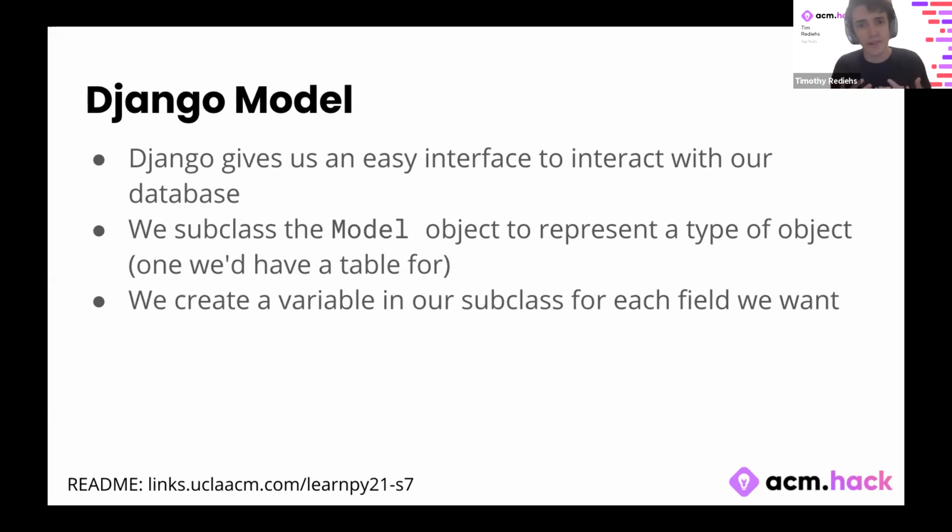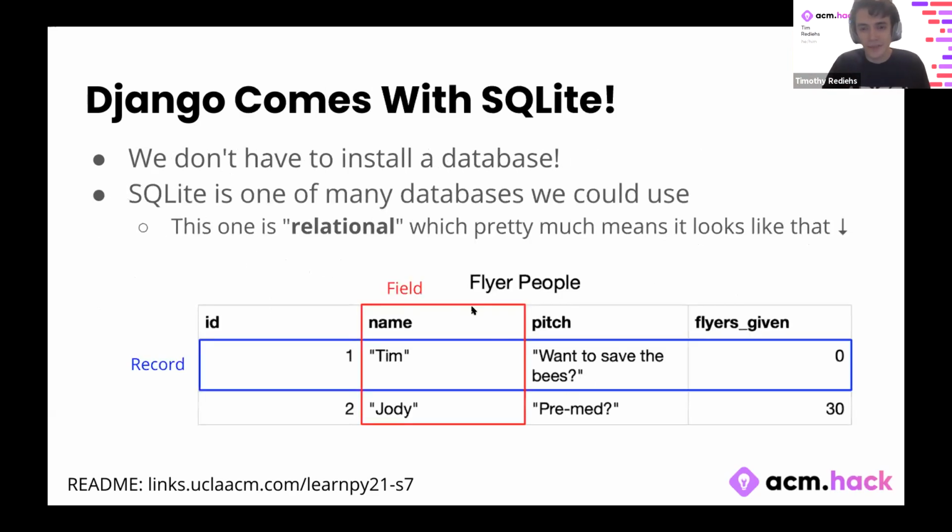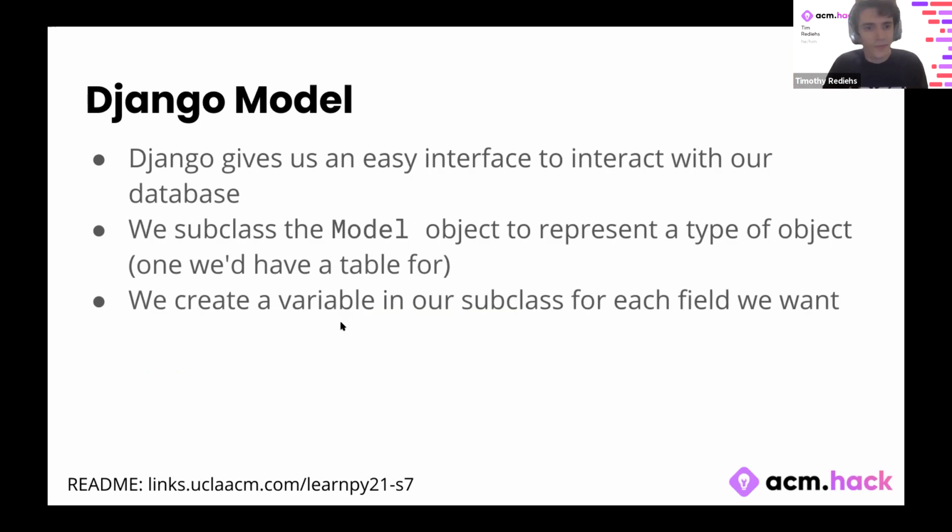Our example model will be a flyer person, which will look kind of like this. And then in our subclass, we will make a variable for each piece of data we want. We'll go over how that works in the demo.